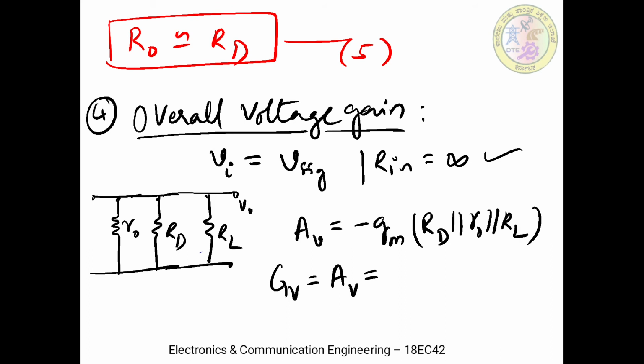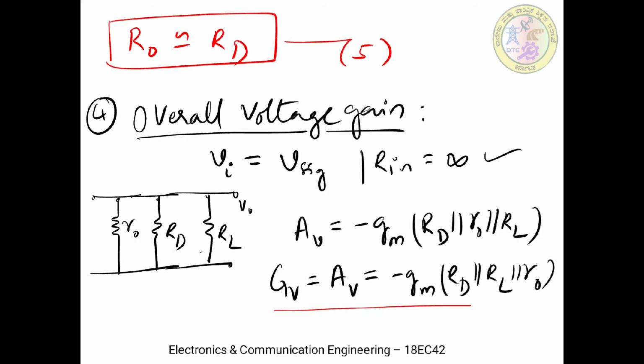So when Vi is equal to VSIG, the voltage gain AV will be the same as the overall voltage gain GV. Therefore, GV is minus Gm into RD parallel with RL parallel with R0. This is one important result, equation 6.